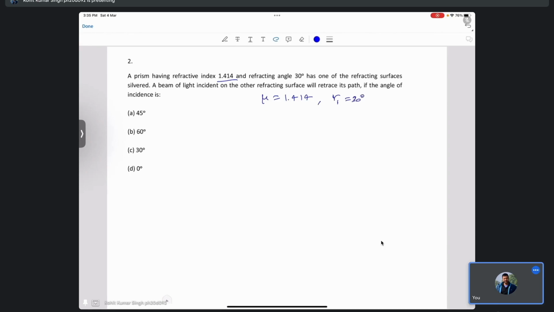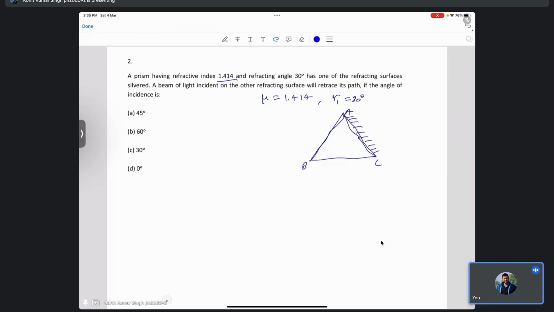One of the refracting surfaces is silvered. As I mentioned, in the prism we have two surfaces, this AB and AC, and one of them is silvered. So suppose this one is silvered.